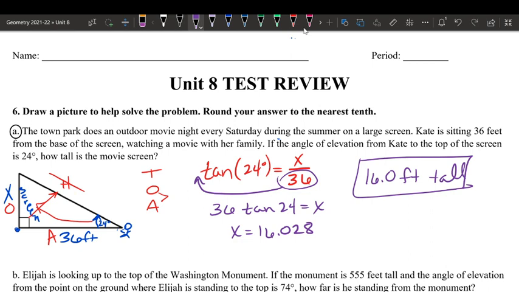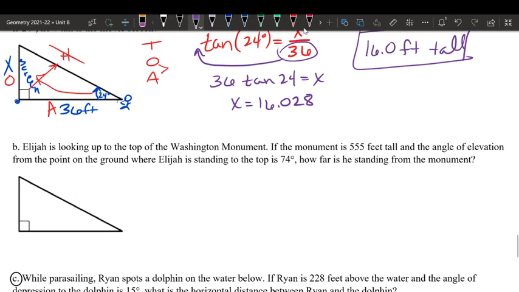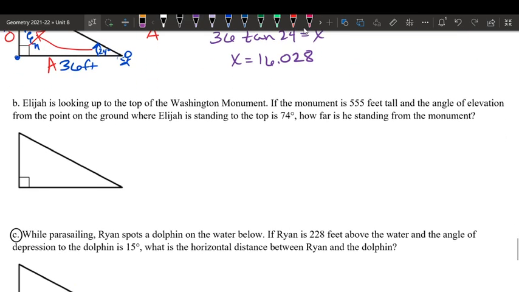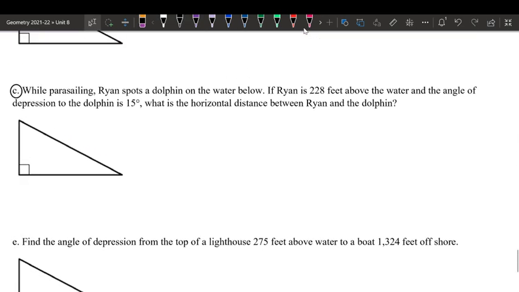Alright, let's look at another word problem. While parasailing, Ryan spots a dolphin on the water below. If Ryan is 228 feet above the water and the angle of depression to the dolphin is 15 degrees, what is the horizontal distance between Ryan and the dolphin?